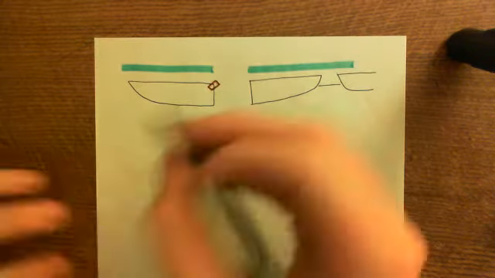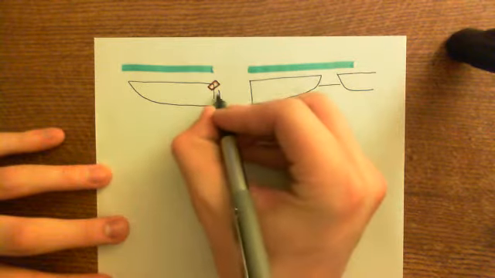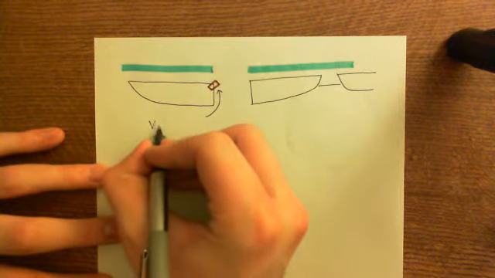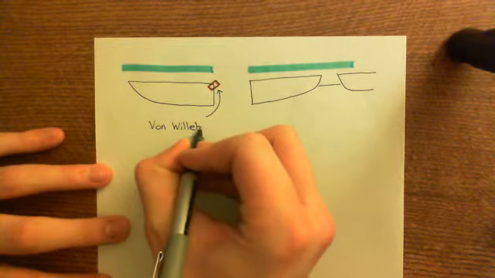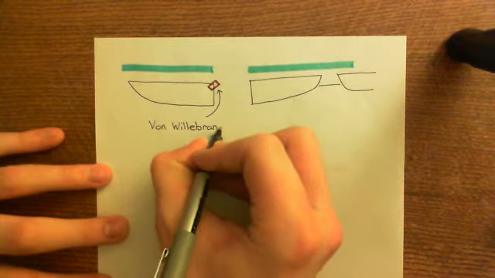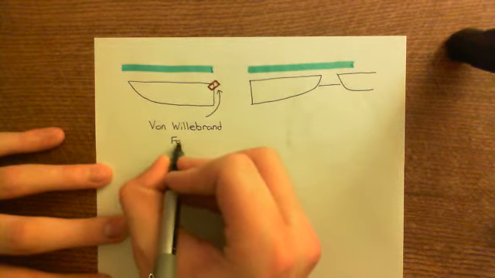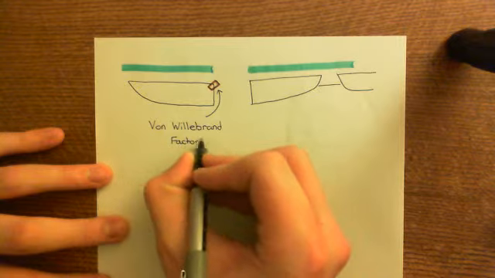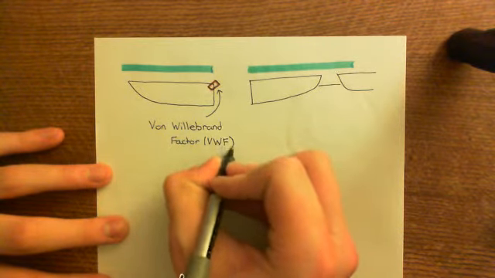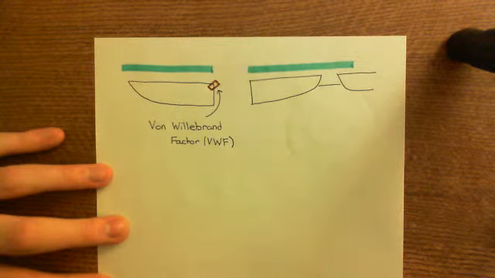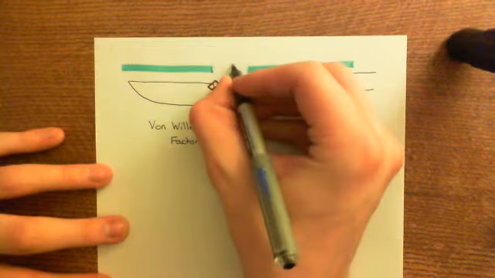Okay, so this is von Willebrand factor. I'll just label it up. Von Willebrand factor. Okay, and it's produced by all endothelial cells within the body. Von Willebrand factor. VWF for short. Okay, now what's going to happen is that our platelet is going to come in here.